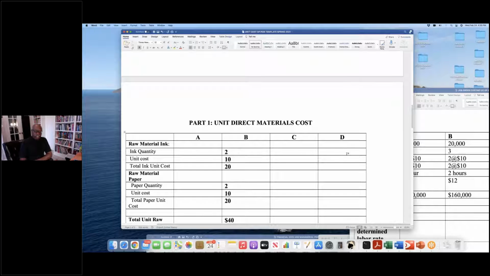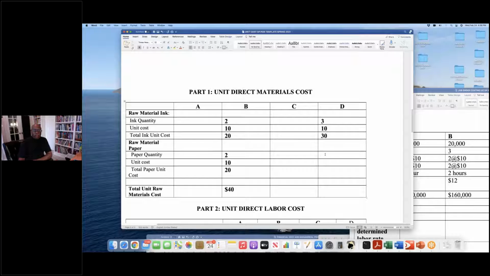How much ink? 3. Ink, what's the unit cost? It's 10, and then 30 for the total.